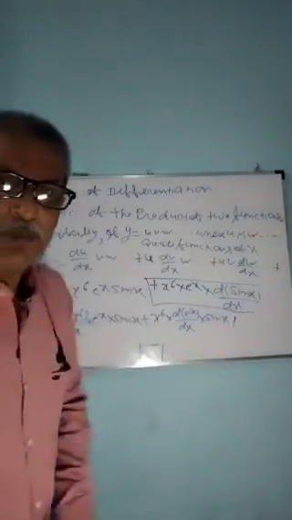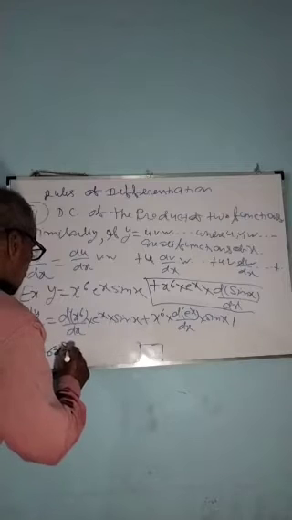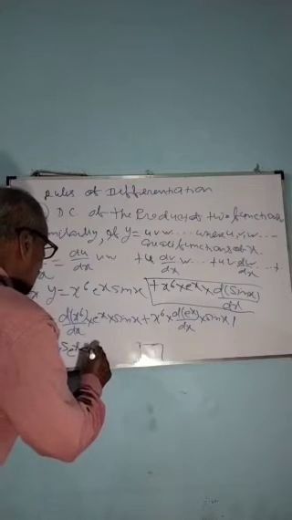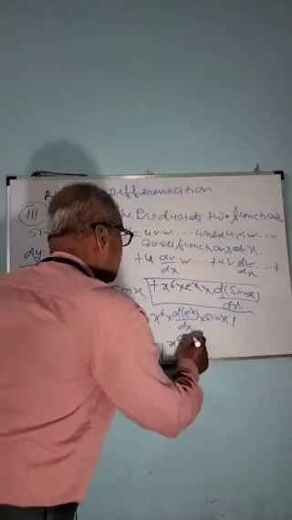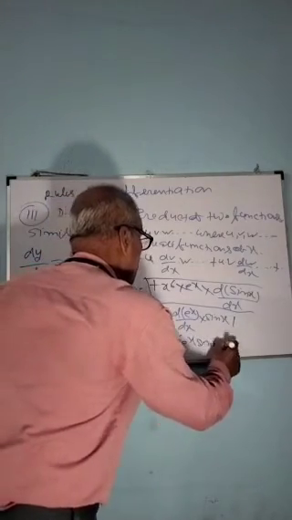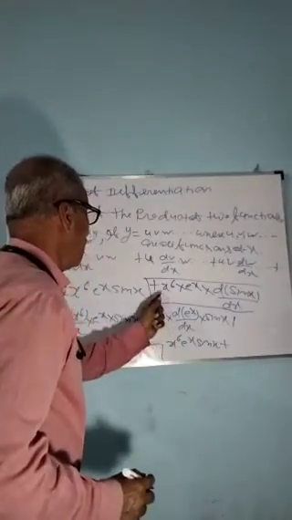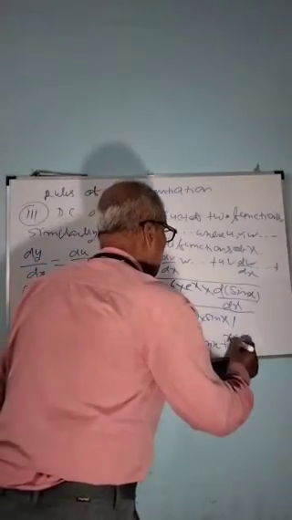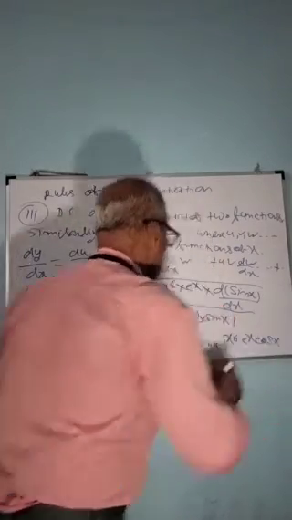But in solving problems, we have to write directly 6 x to the power 5 ex sin x plus x to the power 6 ex sin x plus x to the power 6 ex cos x.